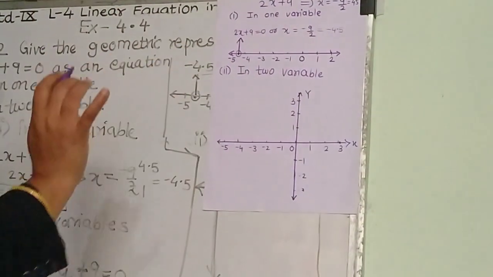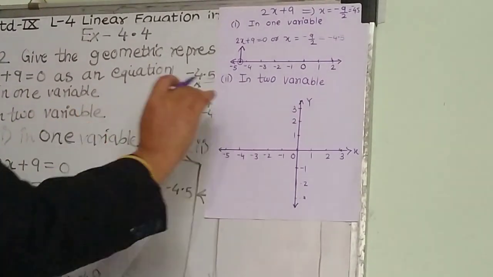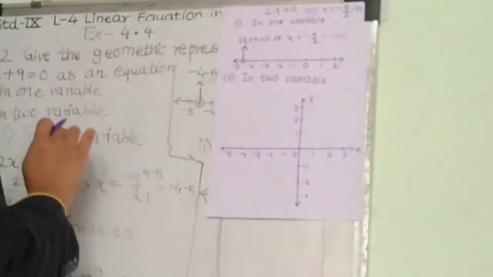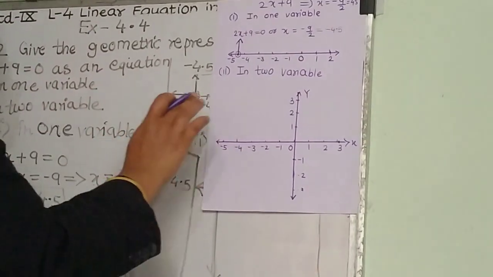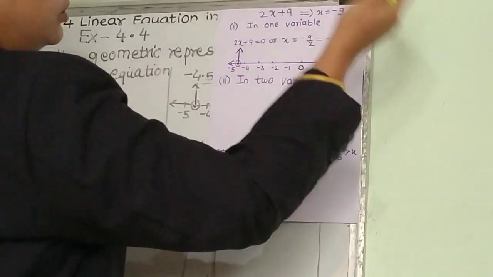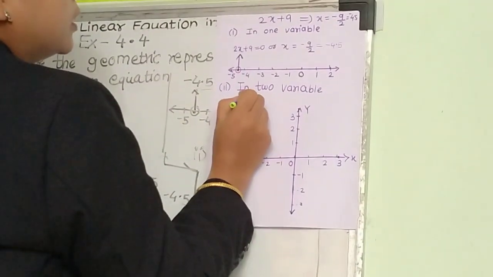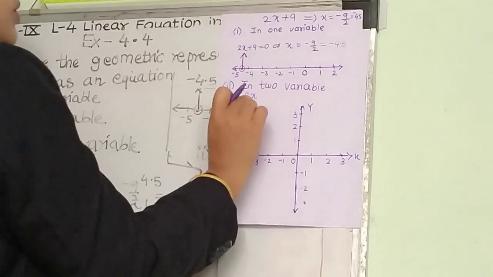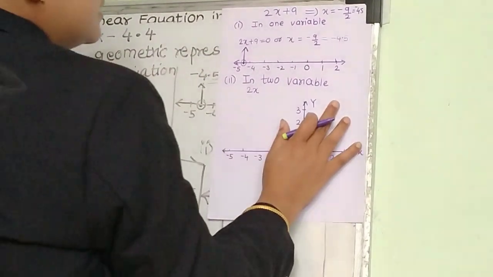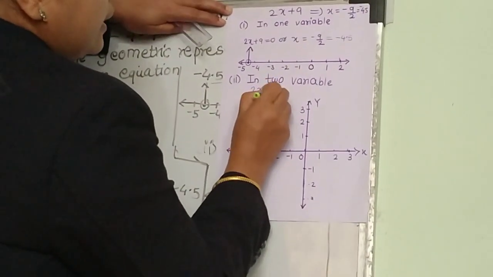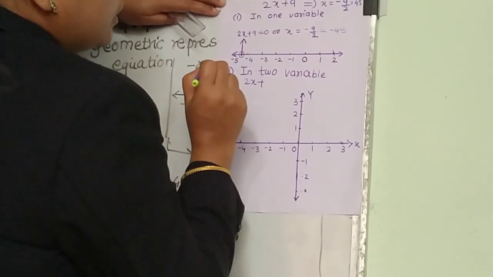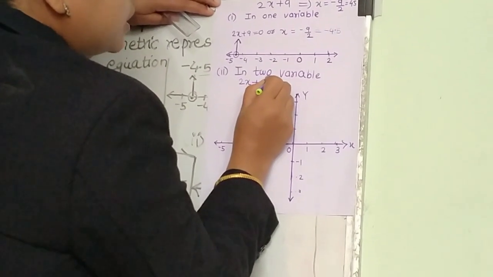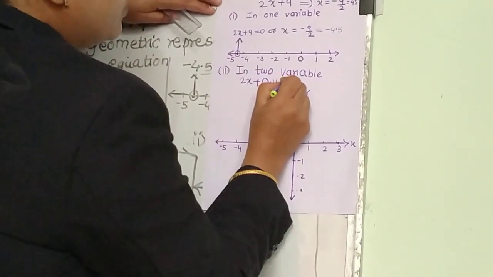You can write any equation. Now this is a representation of a linear equation in one variable for the given question. Now we have to write this equation in two variables. Here the equation is in the x variable, so we take the x term as it is, and secondly, since the y term is not given, we put 0 as the coefficient for y, so 0y equals minus 9.